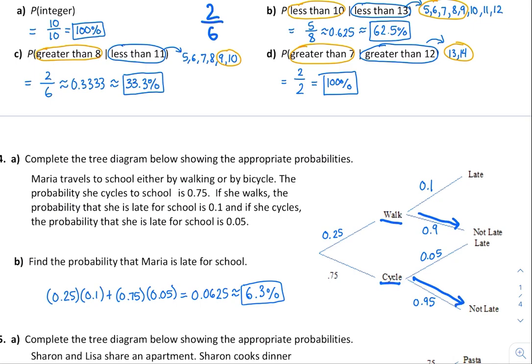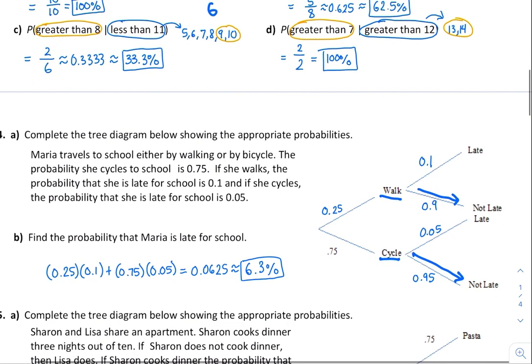So it has to be the probability that she walks, 0.25, times 0.9. That's one possible way that she is late, or she's late by cycling, which is 0.75, and 0.95 that she's late.